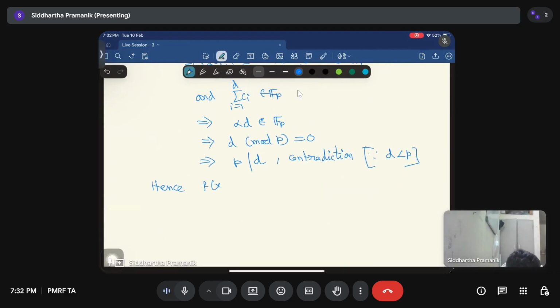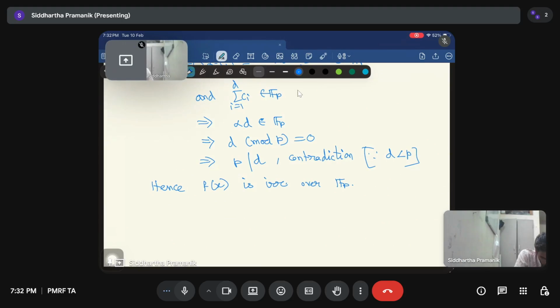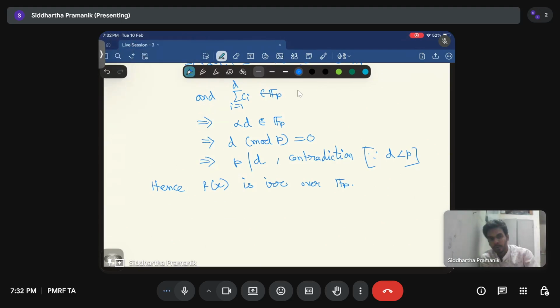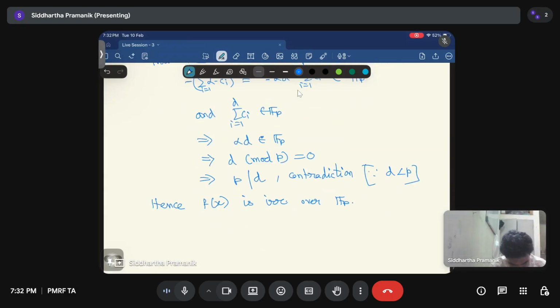Hence, f(x) is irreducible over Fp. So f(x) is both separable and irreducible. So this completes the proof.